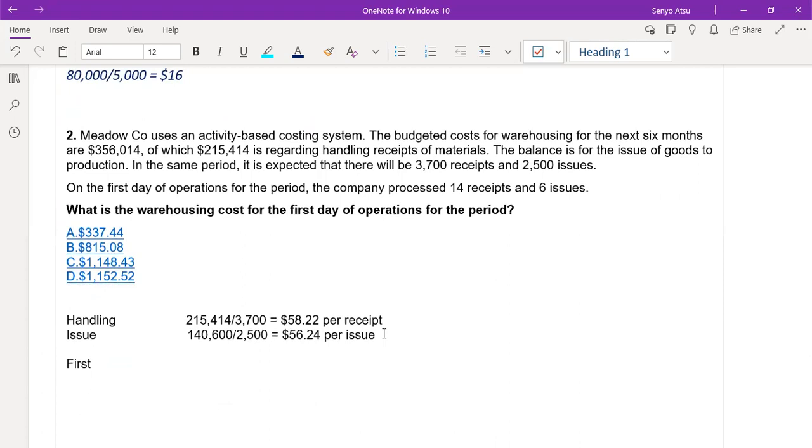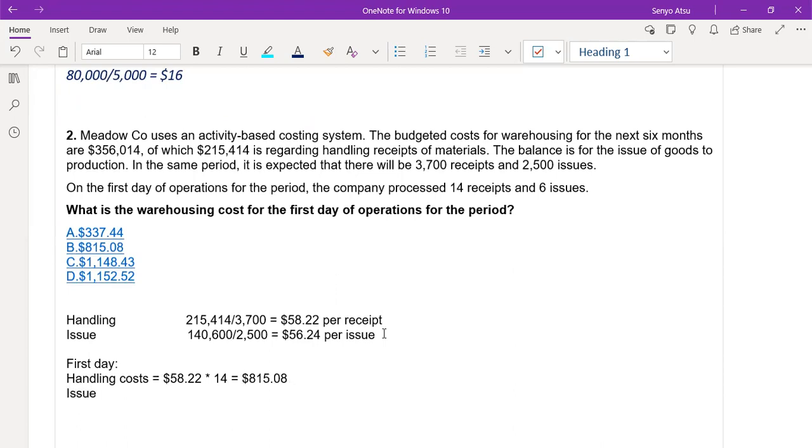So on day 1, handling costs are going to be $58.22 per receipt times 14 receipts. Activity-based costing says the more the activity for a day or for a unit or for a product, the more overhead cost must be charged.